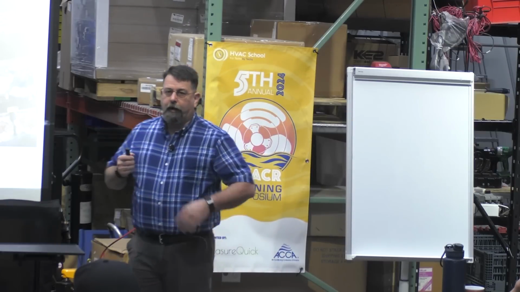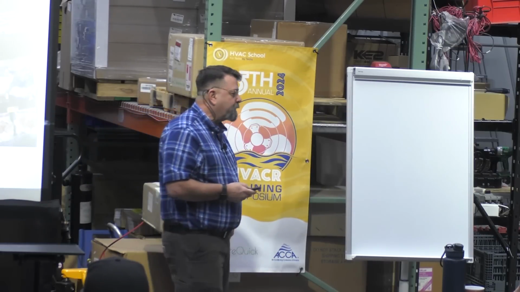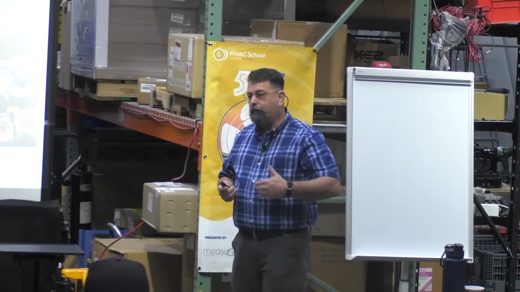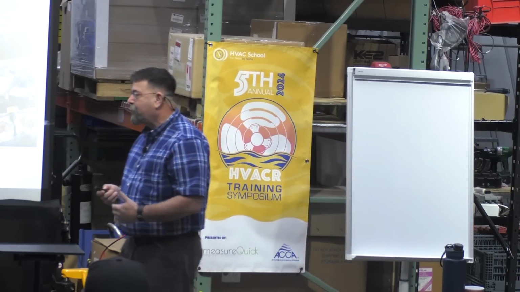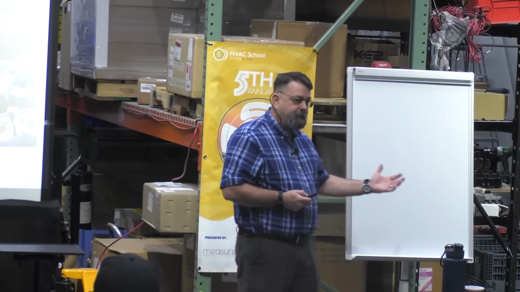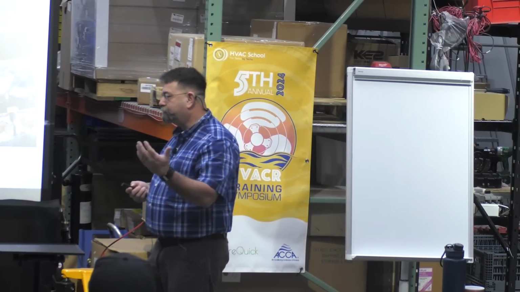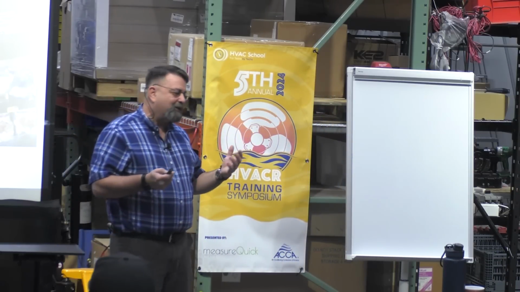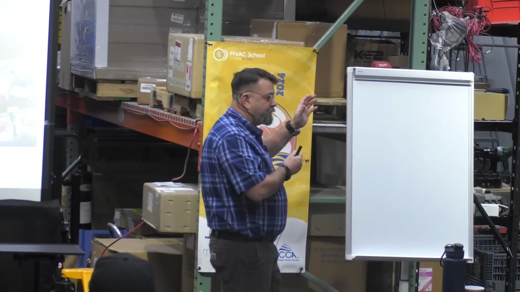There are a couple different models that can be used to do this. One of them is in-house. When you hear the term in-house, what you're hearing is the owner of the equipment has their own team that fixes it, right? So in-house is you're going to work for a retailer.